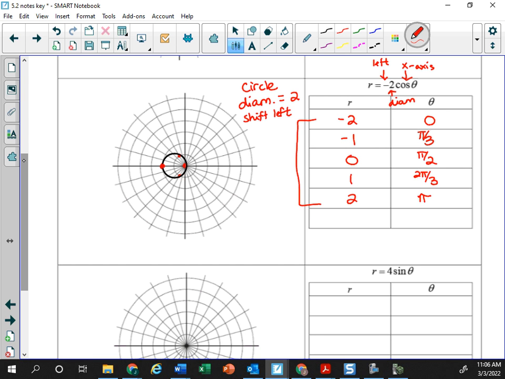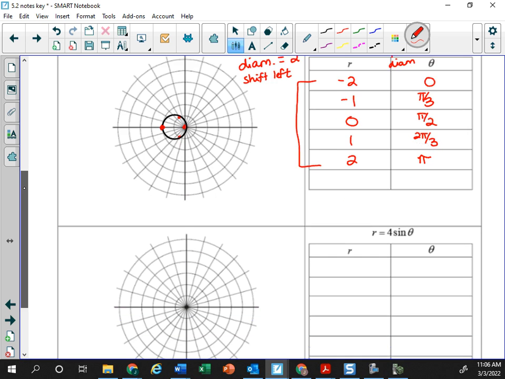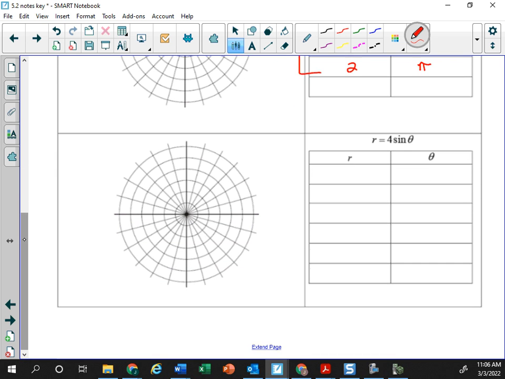So let's try to graph r equals 4 sine of theta without plotting any points. I just want you to graph the circle. So you guys try it on your paper. Graph for me r equals 4 sine of theta, based on what we just looked at with that last one.